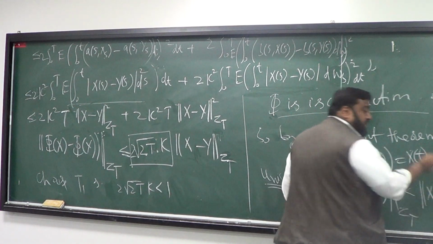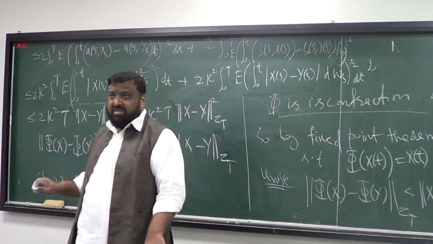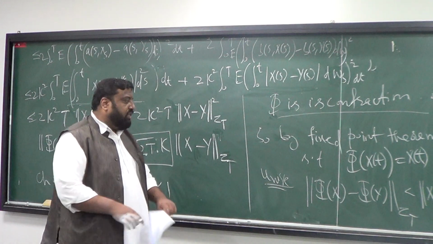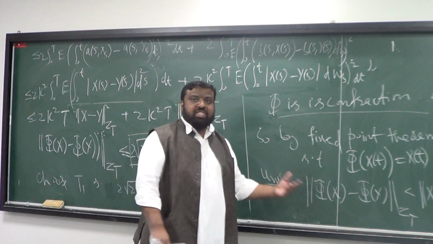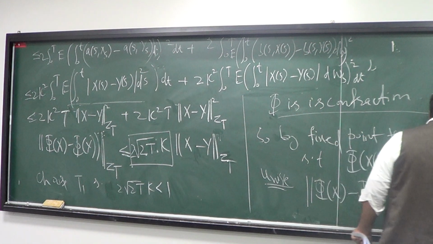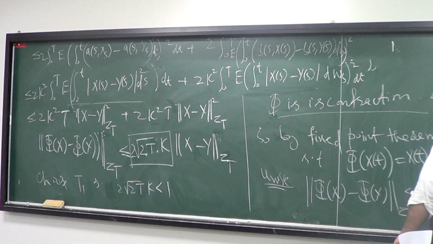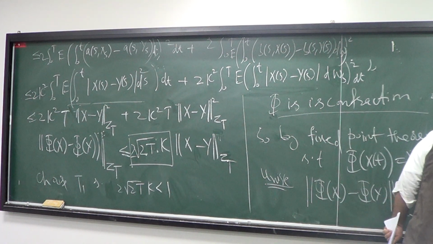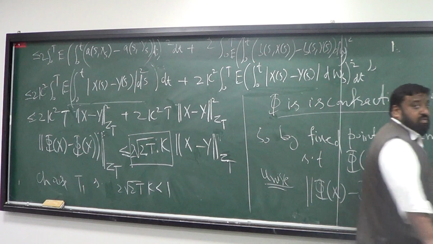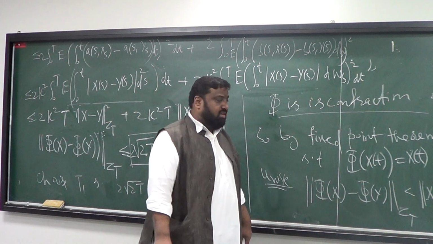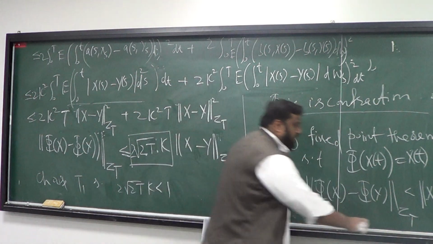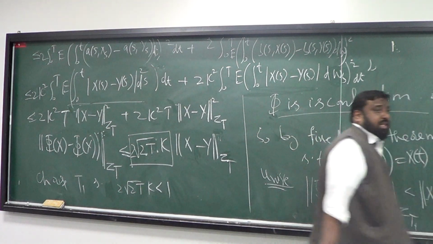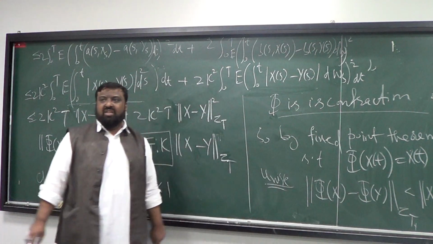But since x and y are the fixed points, x is equal to phi of x and y is equal to phi of y, which is a contradiction, because you have the same number appearing less than itself.